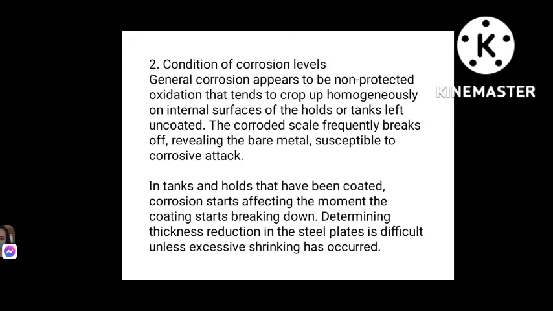So, in tanks and holds that have been coated, corrosion starts affecting the moment the coating starts breaking down. Determining thickness reduction in steel plates is difficult unless excessive shrinking has occurred.